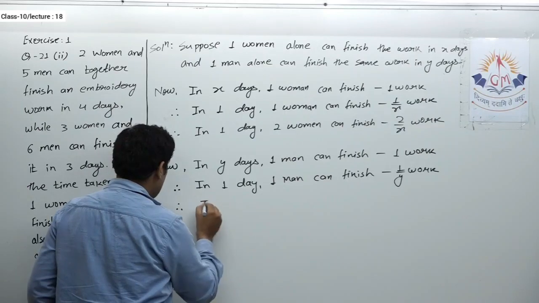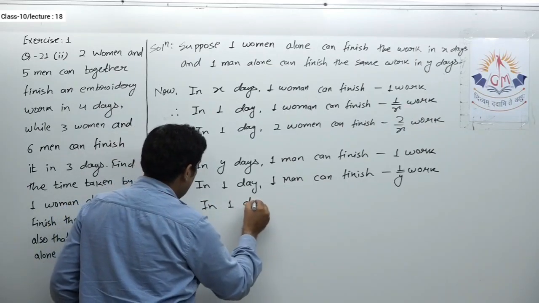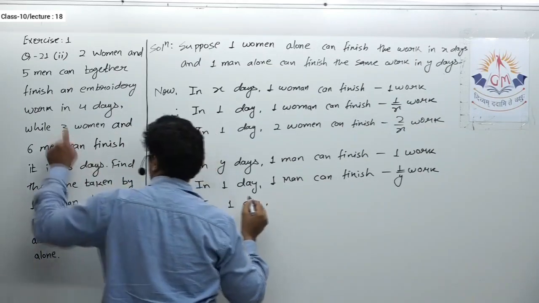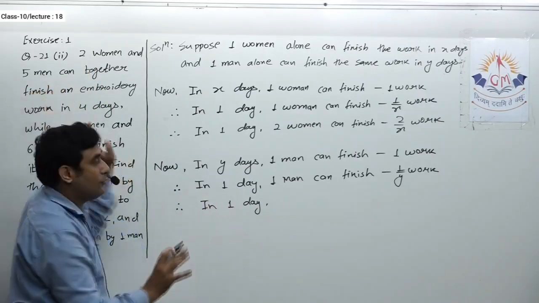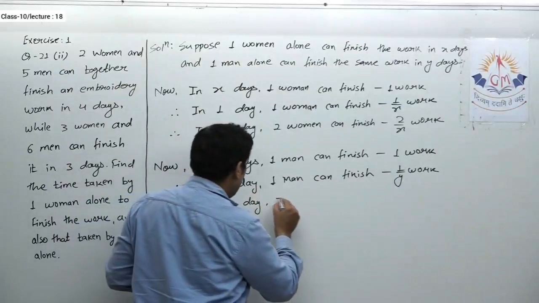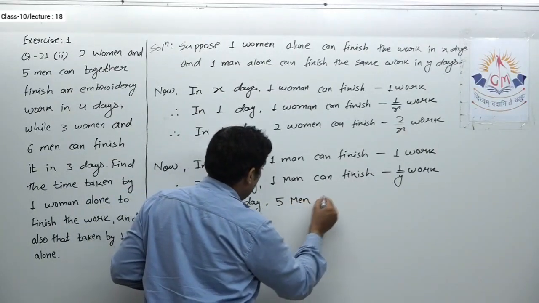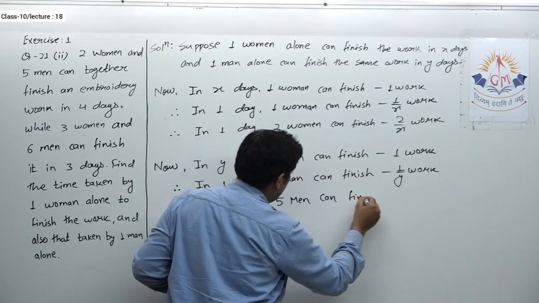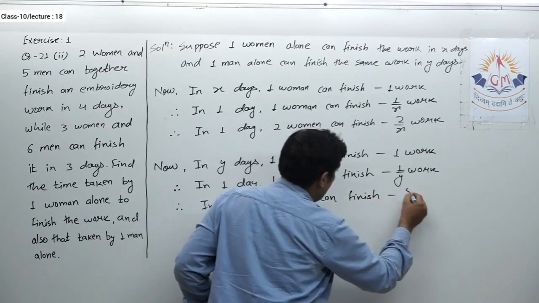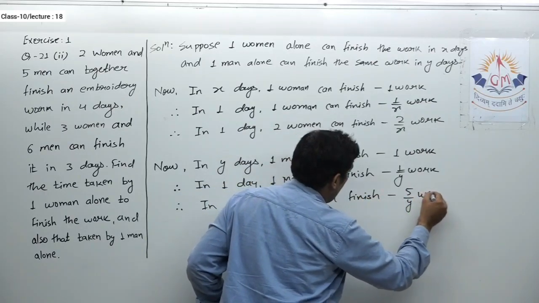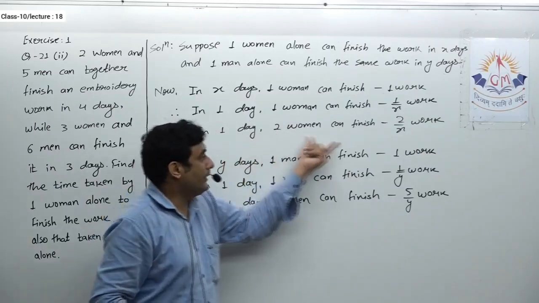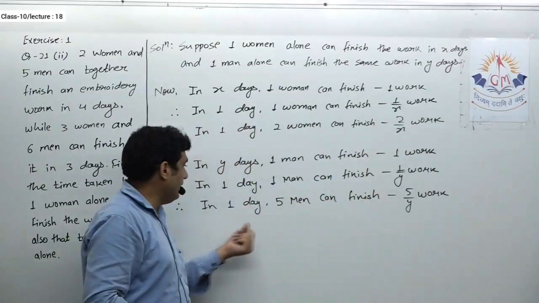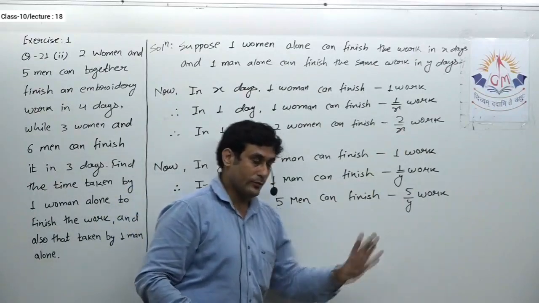Therefore, in one day, how many men? See, initially 2 women and 5 men are engaged to finish a work. So, in one day, 5 men can finish how much work? 5 upon y work. See, now in one day, 2 women can do this much work. In one day, 5 men can do this much work.